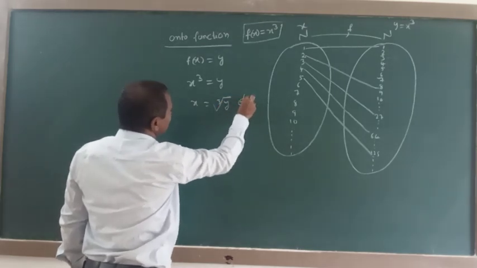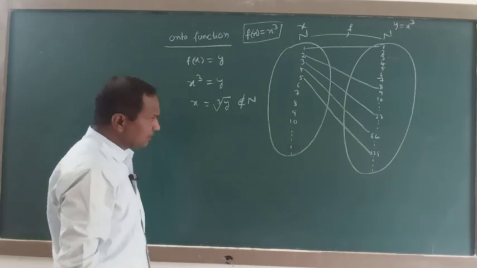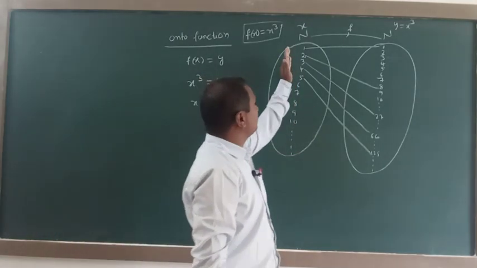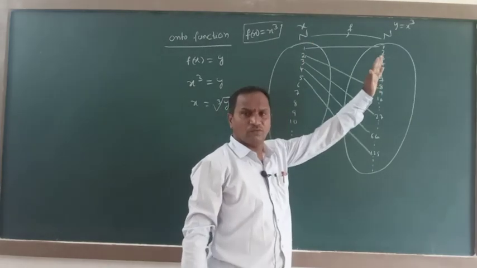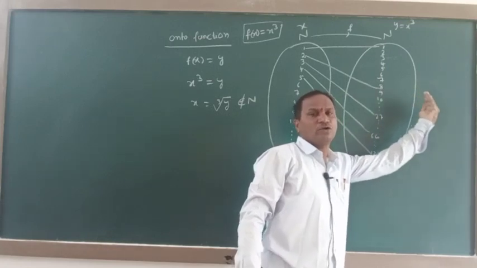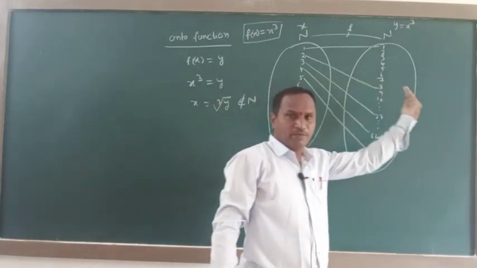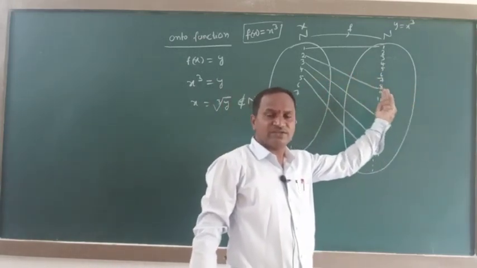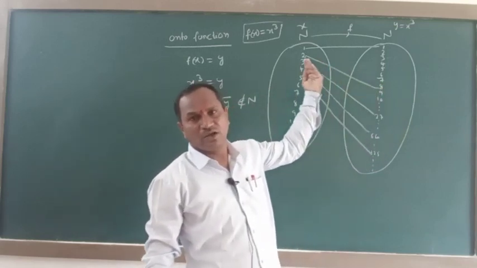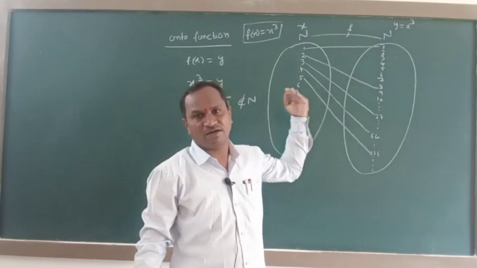numbers do not belong to capital N. When you are checking one-one, you move from domain to codomain. When you are checking onto, you move from codomain to domain. That means, do all the elements of codomain have an association with elements of domain or not?